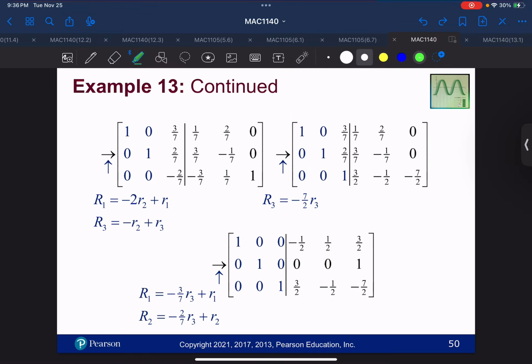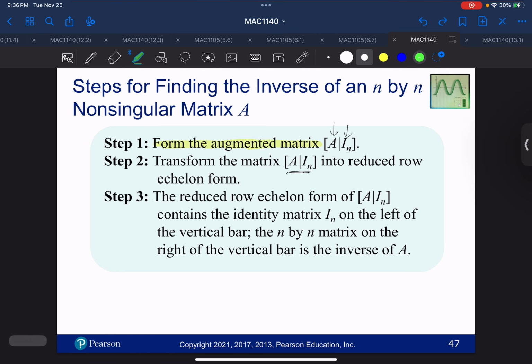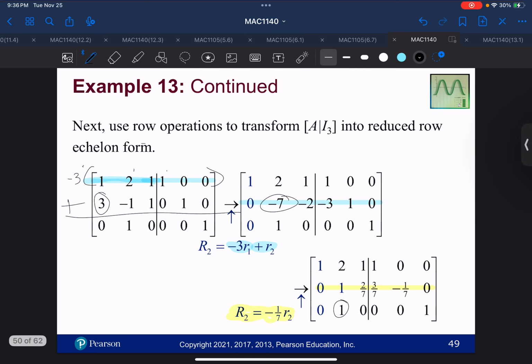Oh, reduced row echelon form. Okay. So reduced row echelon form means that I need to get everything else equal to 0 as well.